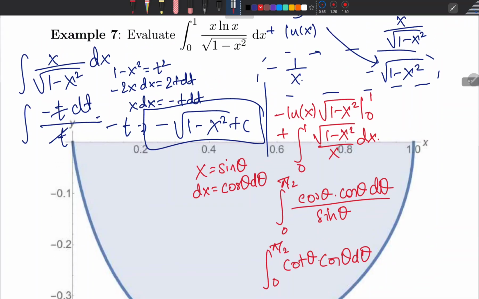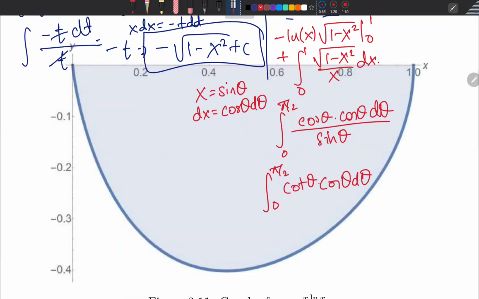Let me just check this out once again, guys. So we have assumed x equals sine theta. So square root of 1 minus sine square theta is square root of cosine square theta, which is cosine theta, right? And we have dx as cosine theta d theta. So basically it's coming out to be cosine square theta.